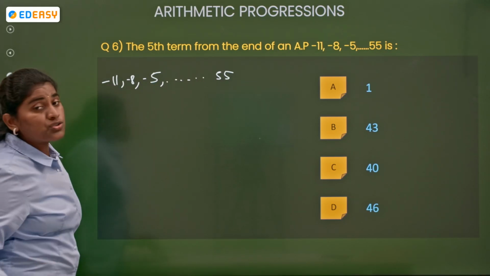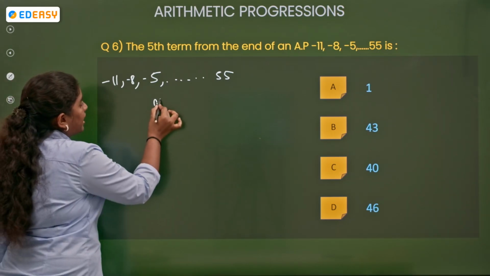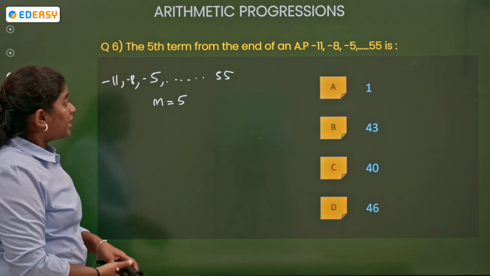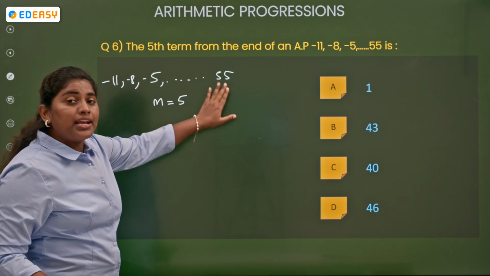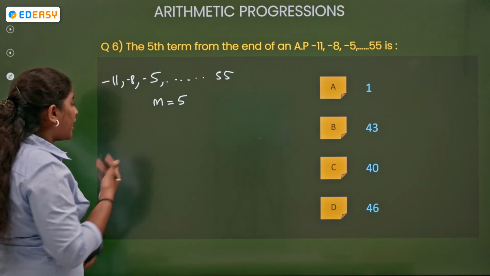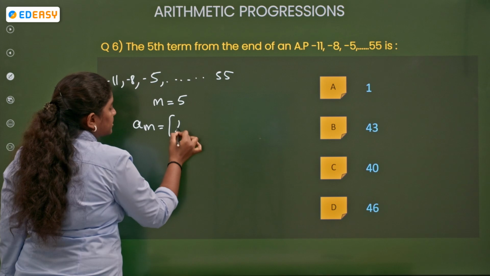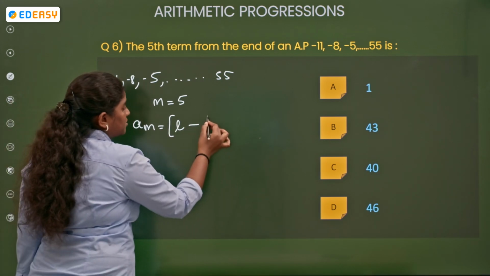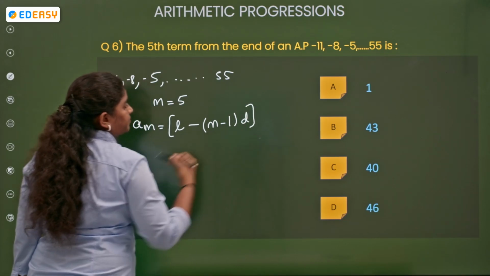They are asking us to find the fifth term from the end, so our m value will become 5. What is the formula? Here I know the last term, so I can find am by using the last term L: L minus (m minus 1) into d.